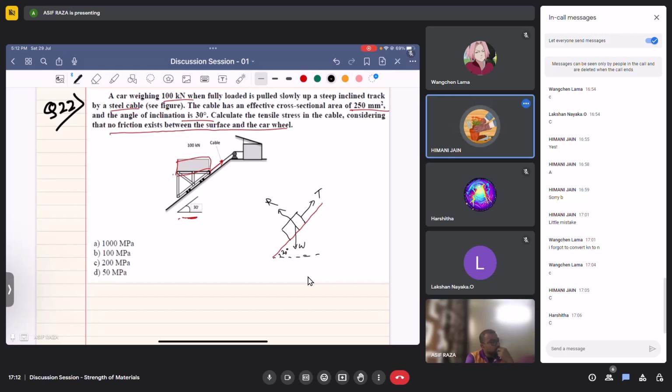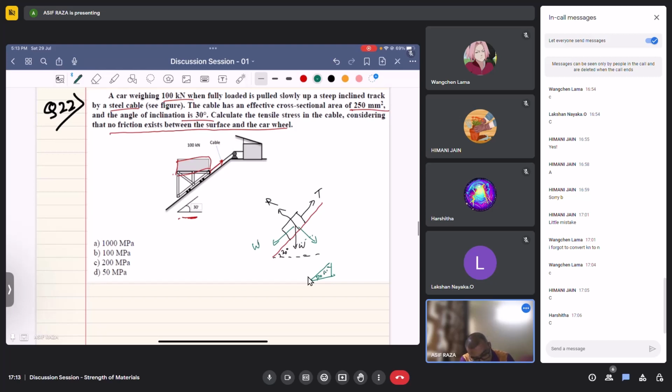Components of W. Yeah, component of W along. Okay, as she said, component of W. So there are two components of W. Let's see, this angle is 30, 60.